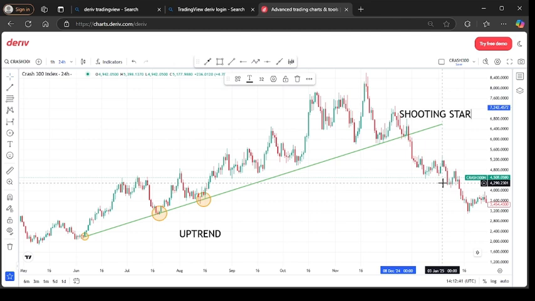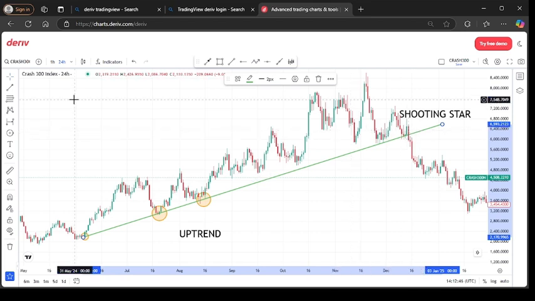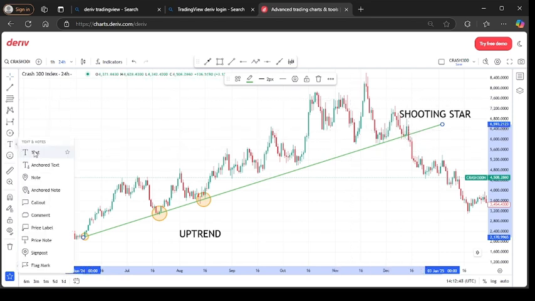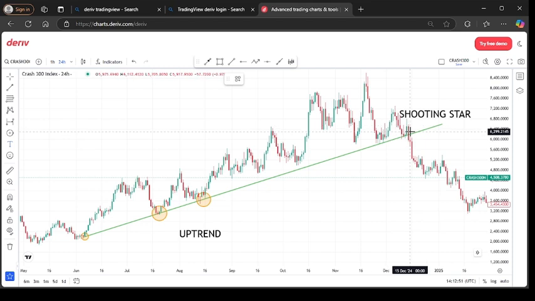We said we need to wait for this candle to close below the trend line. This candle which violated the trend line, we need to wait for it to close. When it closes, that's when we can be sure that price is now moving down. Price is now moving in the opposite direction.